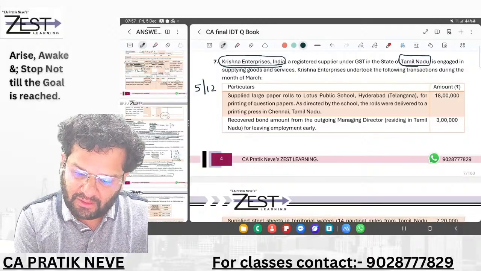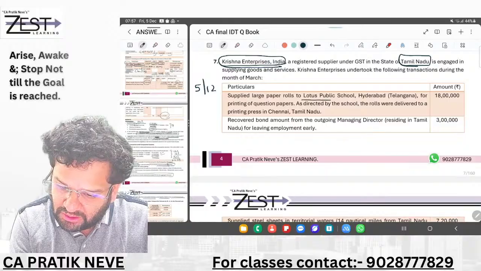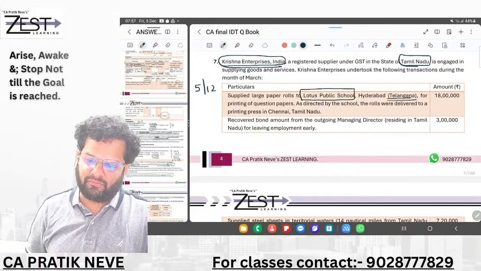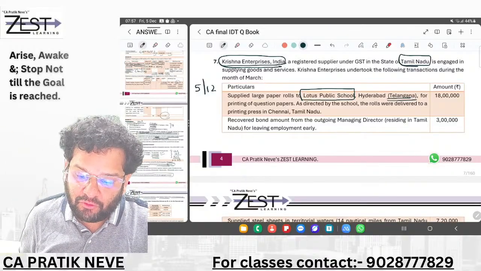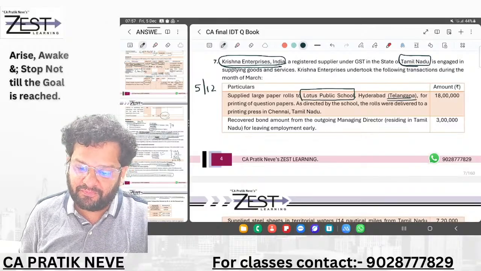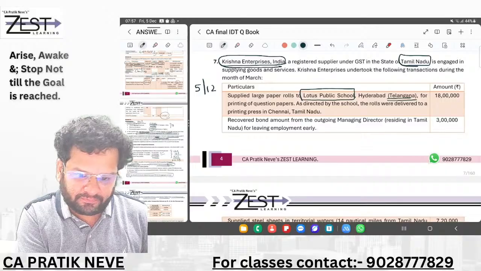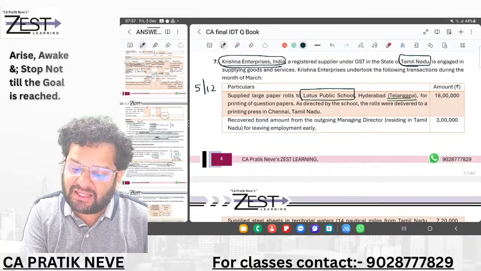Supplied large paper rolls to Lotus Public School, which is in Telangana. Mind you, Lotus Public School is in Telangana, for printing of question papers. As directed by the school, the rolls were delivered to printing press in Chennai, Tamil Nadu.